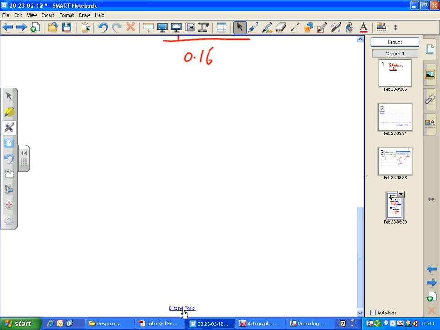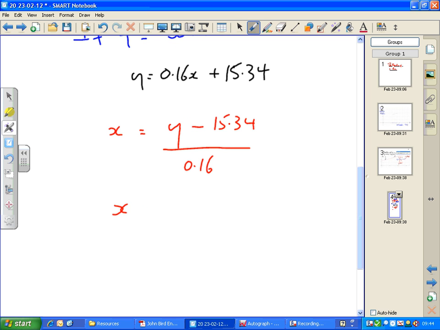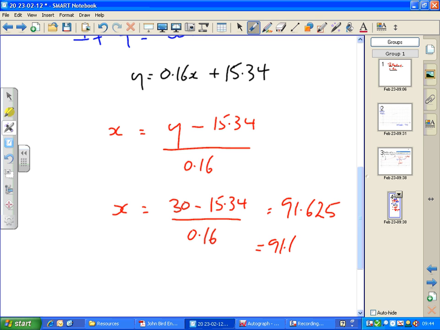So for this particular case, x will equal 30 minus 15.34 over 0.16, which is it, Flavio, again? 91.625. Appropriate accuracy? Yeah, 91.6 is probably more like it. And that would be degrees centigrade to 3 significant figures.